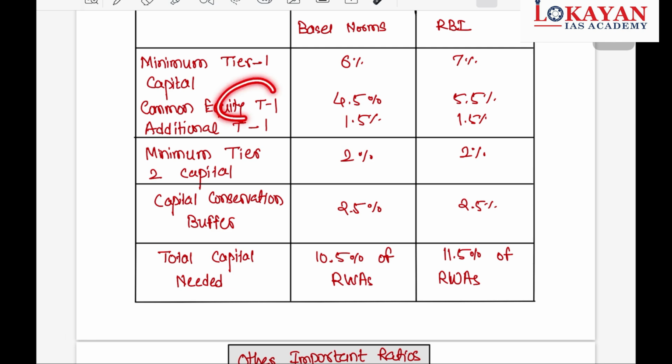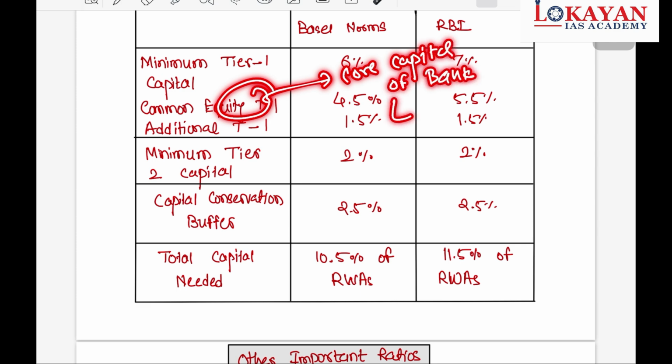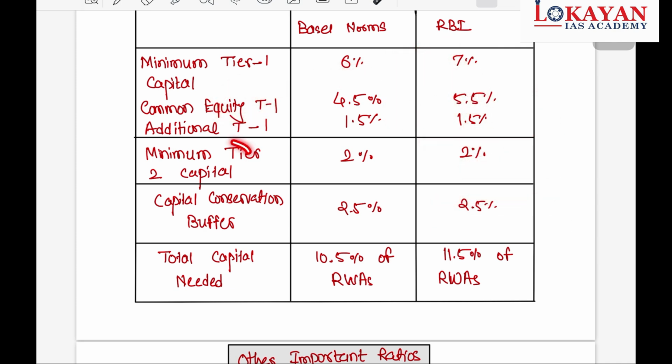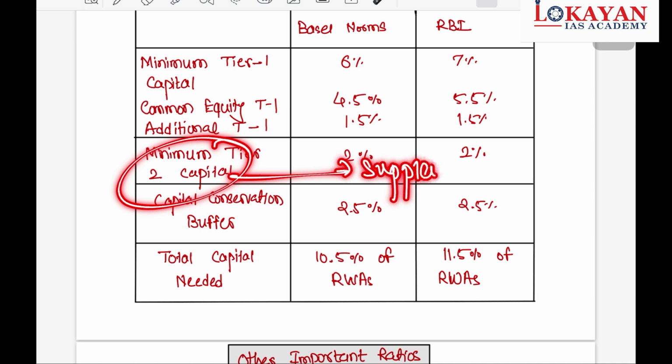Remember, tier 1 capital is the core capital of the bank, which it uses for day-to-day functioning. So this is tier 1 capital. Now what is tier 2 capital? It is supplementary capital. In this way you can remember.